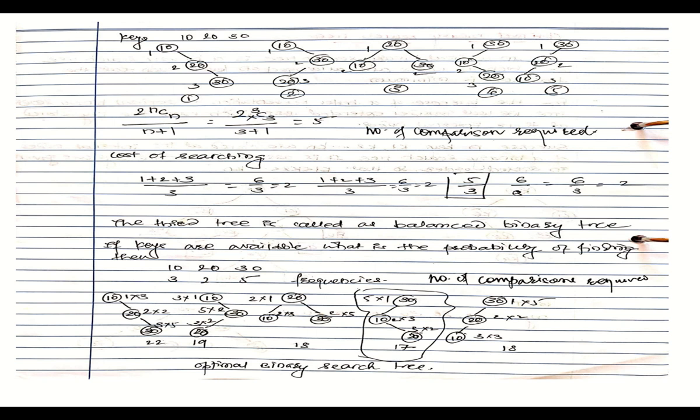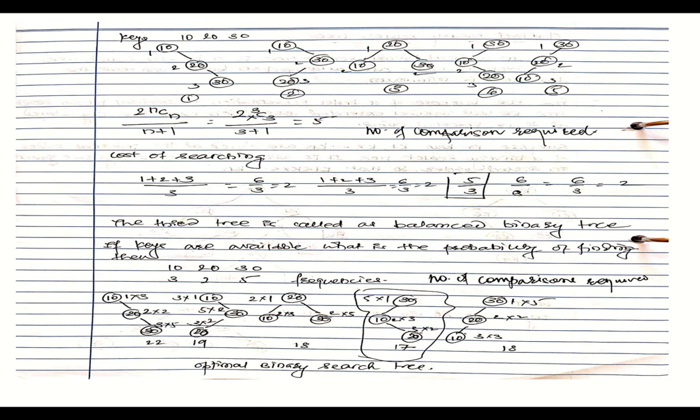As we are talking about binary search trees, we are going to compare the key value with the root node. In the first example, trees number 1 and 2, I compare 20 and 30 with 10, as 10 is the root.